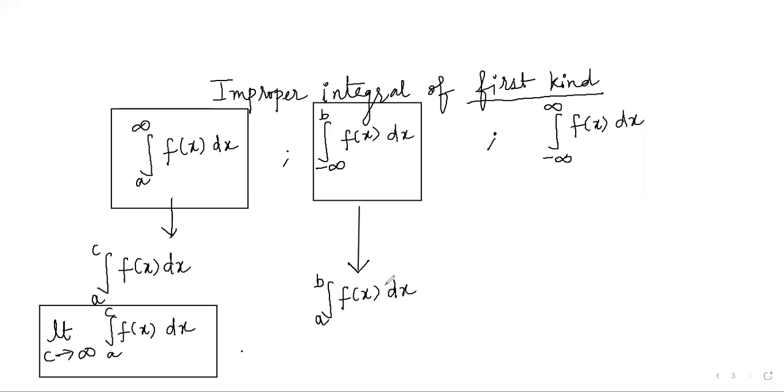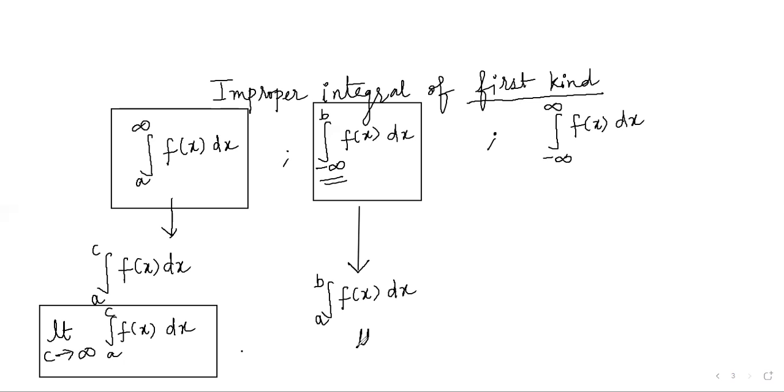After evaluating this integral, we will be finding the limit, and now the limit will be tending to minus infinity, because here we have minus infinity. So we will be taking the limit that a is tending to minus infinity.